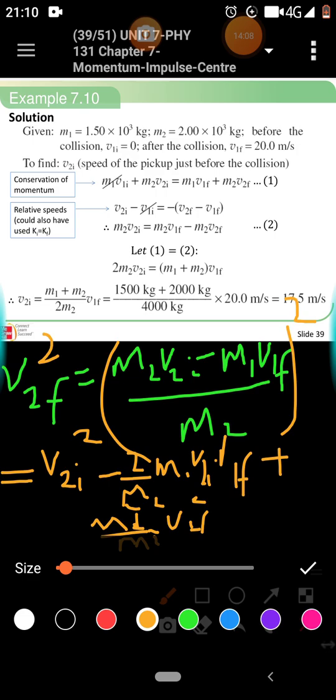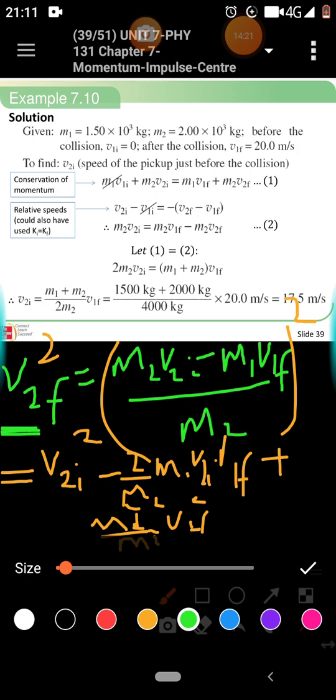When you do that, you take this equation, which is simply v2 final squared, and substitute it into the equation we obtained from equating kinetic energy before and kinetic energy after.